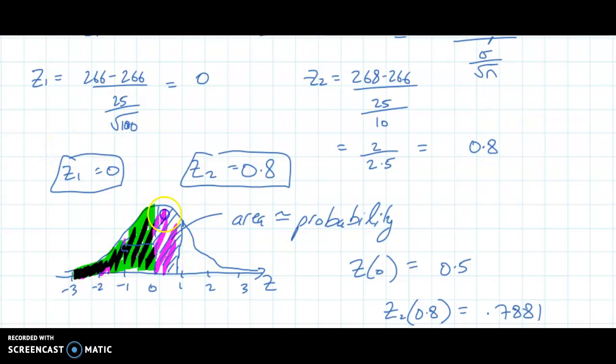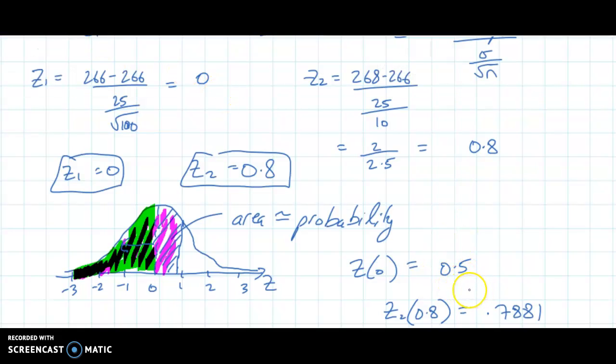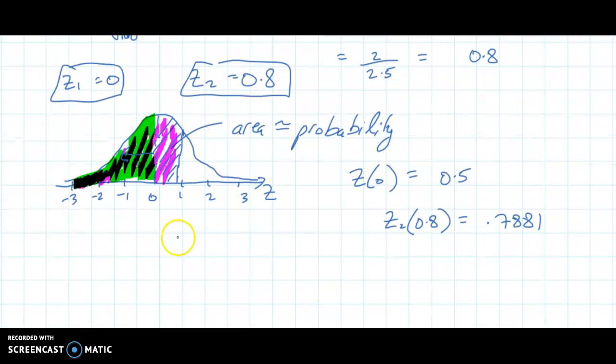So we're going to have to subtract the green stuff from the purple stuff. So the area that we're looking for is going to be 0.7881, which is the purple stuff, minus the green stuff, which is 0.5, and when you do that, you're going to get 0.2881, and that's equivalent to the probability.